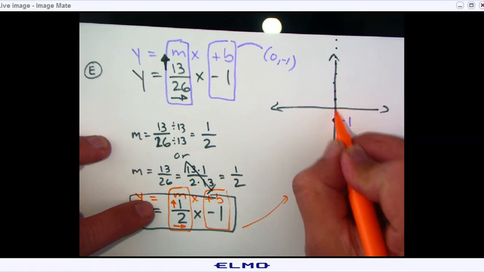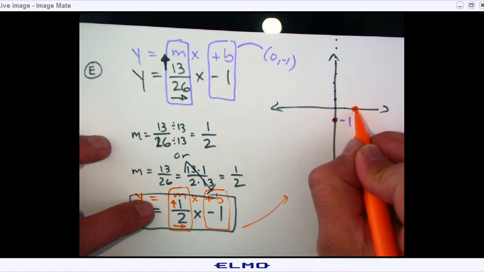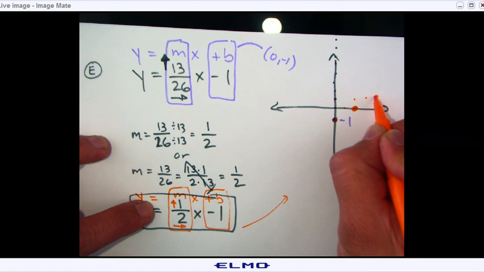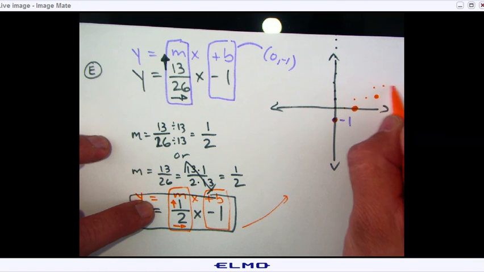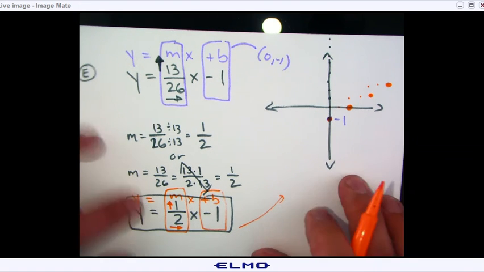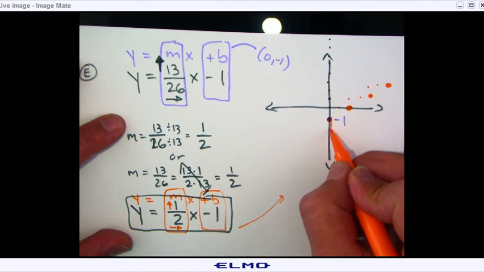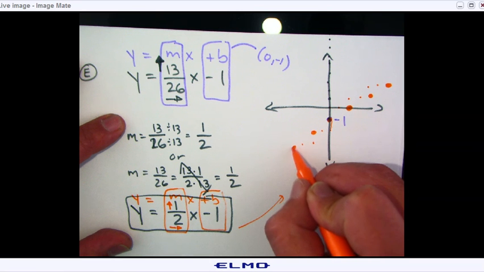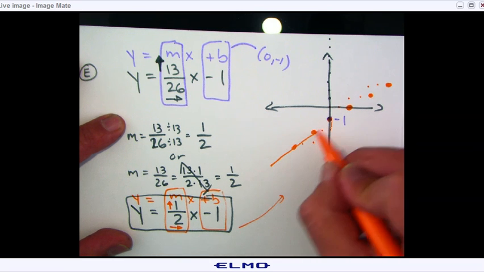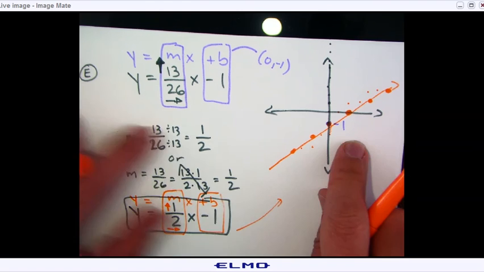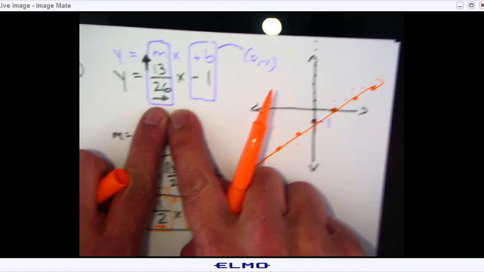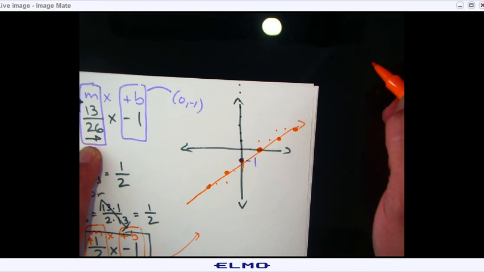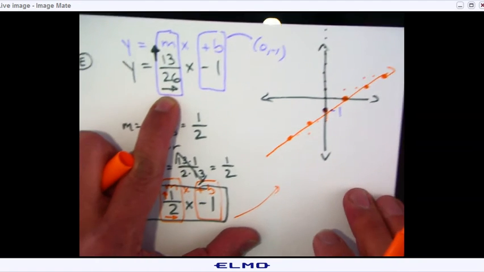Up 1, over 2. Up 1, over 2. Now do the opposite: down 1, go back 2. Down 1, go back 2. And there's your line. Technically, if you were to graph the original, it would be over here. It would still be on the line, but we simplified it.